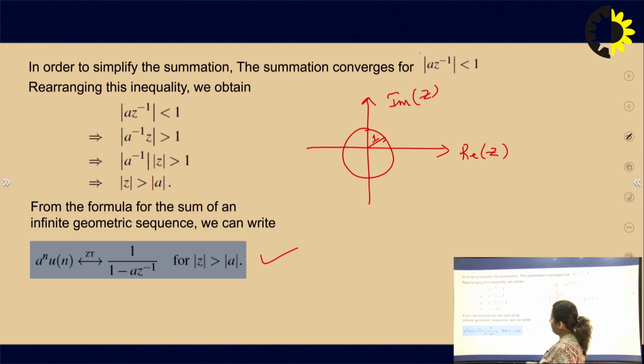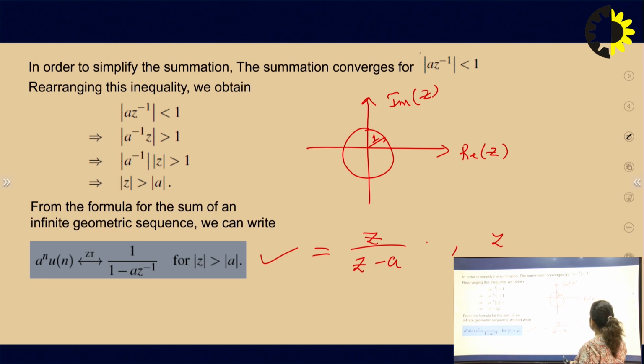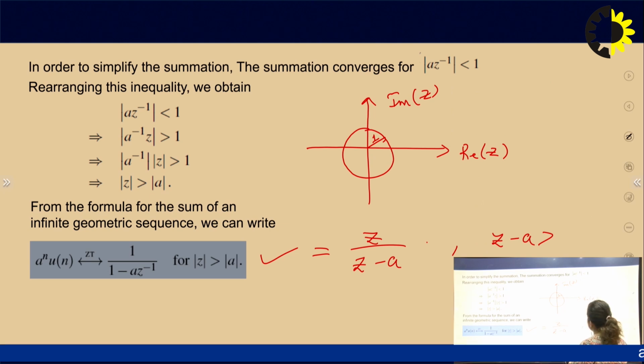convergence. So here 1 minus a z inverse, because it's a right sided signal. If you solve this, you will get z upon z minus a, or we can say for the right sided signal z minus a is greater than 0, or mod z, because we use here the unit circle radius, mod z greater than a.